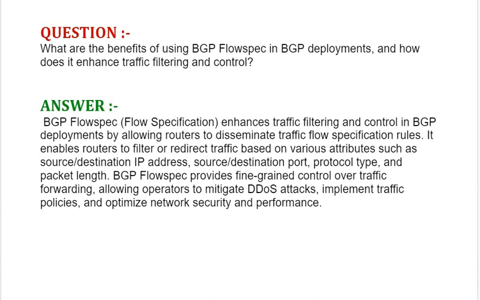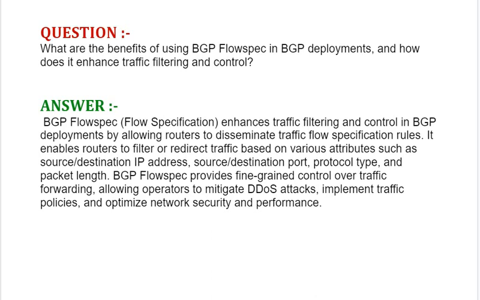Our next interview question is: what are the benefits of using BGP FlowSpec in BGP deployments and how does it enhance traffic filtering and control? Your answer should be: BGP FlowSpec, flow specification, enhances traffic filtering and control in BGP deployments by allowing routers to disseminate traffic flow specification rules.